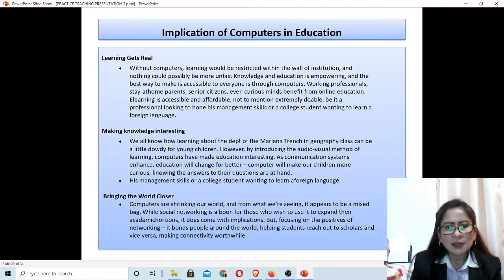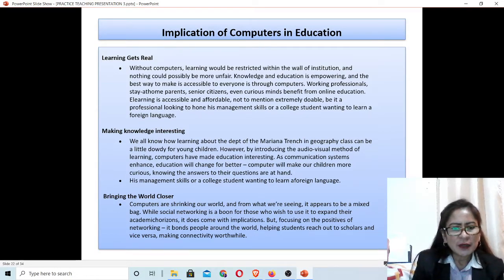As a communication system, enhanced education will change for the better. Computers will make our children more curious, knowing that answers to their questions are at hand.